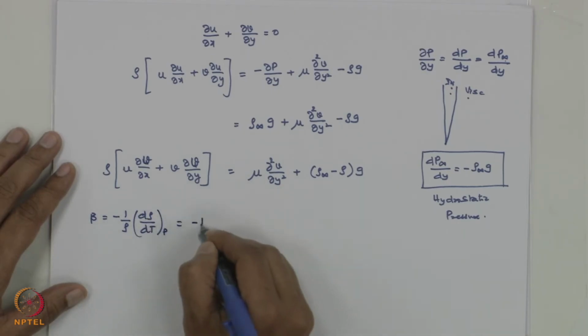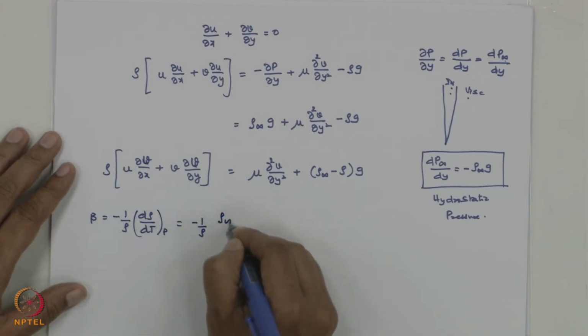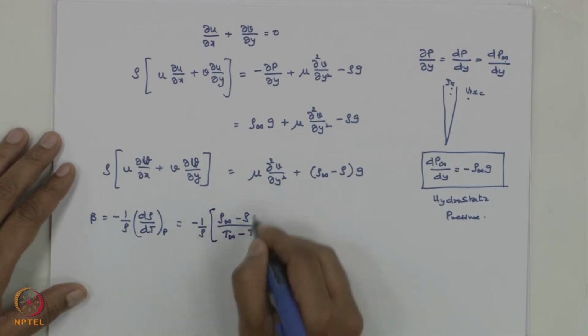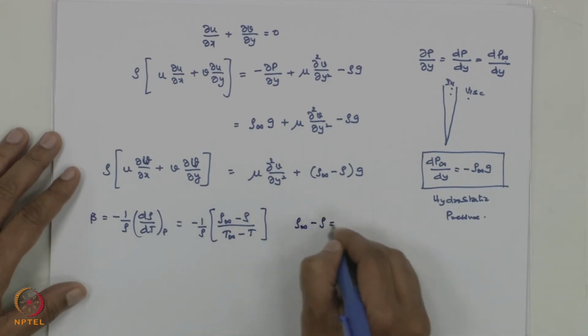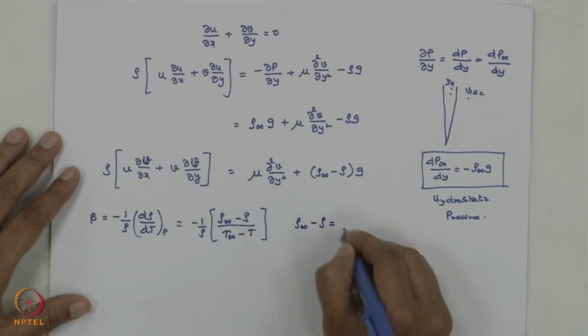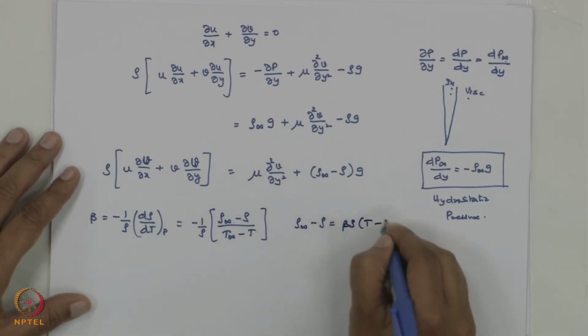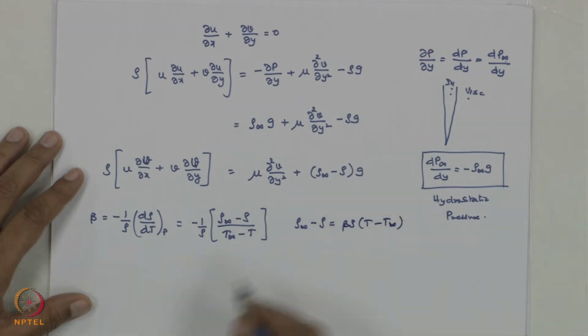So that is minus 1 by rho, rho infinity minus rho upon T infinity minus T. So rho infinity minus rho is equal to beta rho into T minus T infinity. I have substituted the negative sign there.